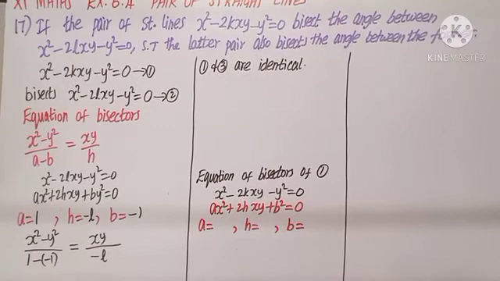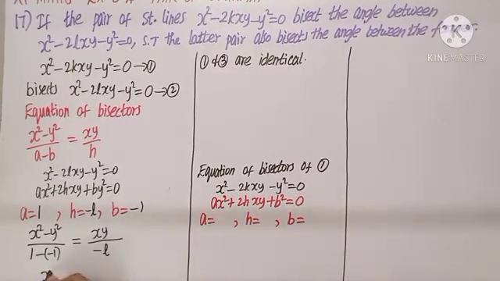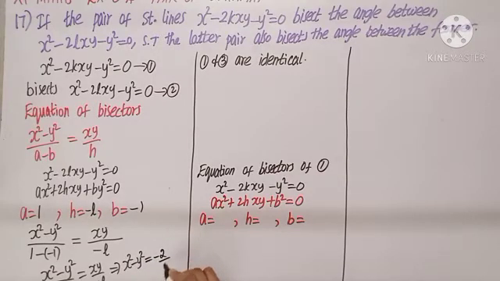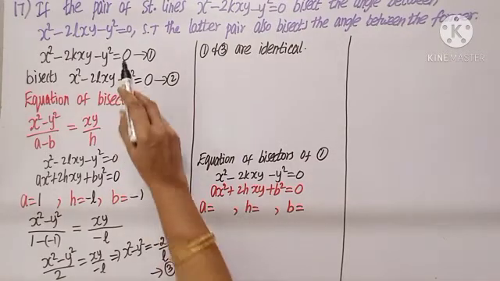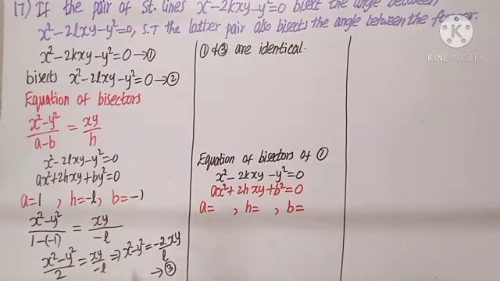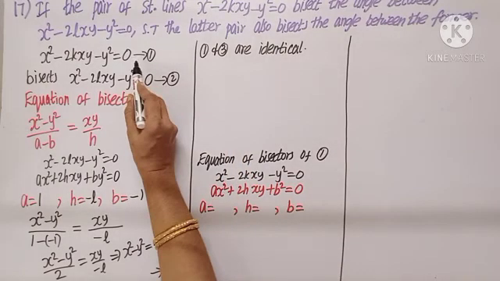As I simplify, I get x square minus y square by 2 equals xy by minus l, or x square minus y square equals minus 2 by l xy. Call it the third equation. We know 1 and 3 are identical because we are given 1 is the bisectors of 2. So here we have attained the bisector equation, but given 1 is the bisectors.